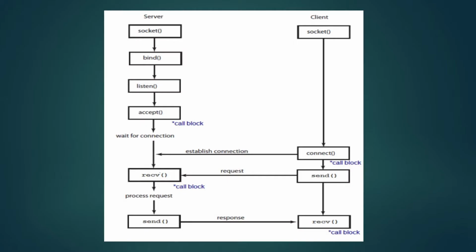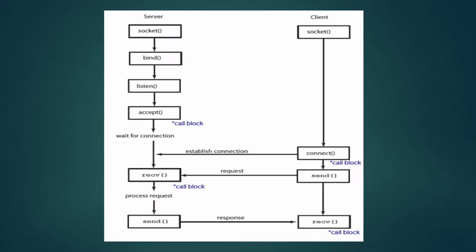Let us see how client and server communication takes place through a flowchart representation. The left-hand column represents the server, and on the right-hand side is the client.